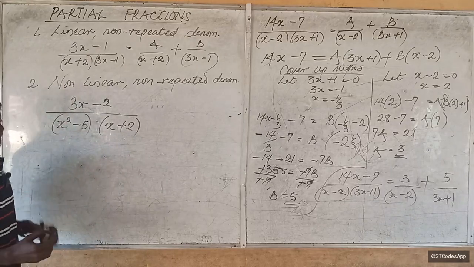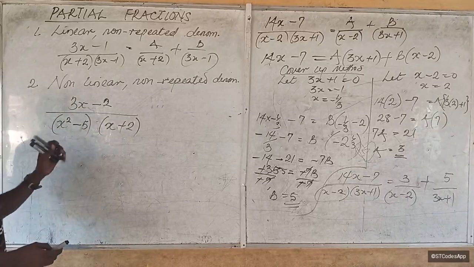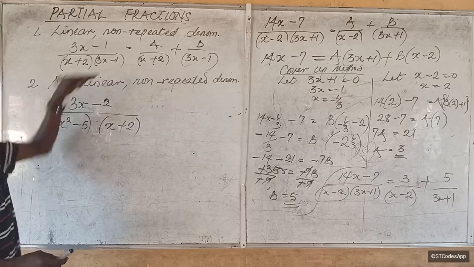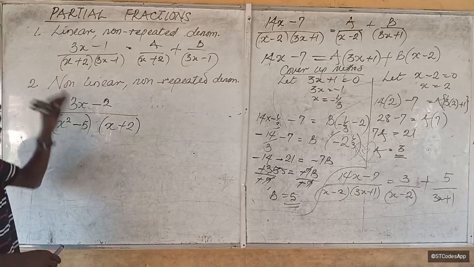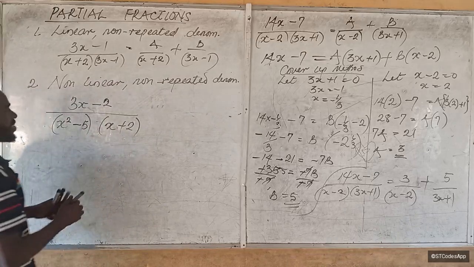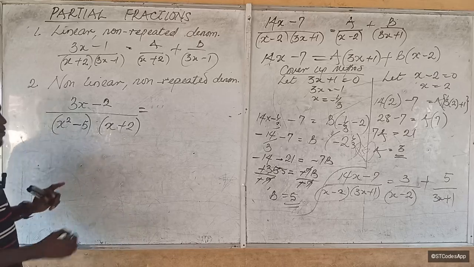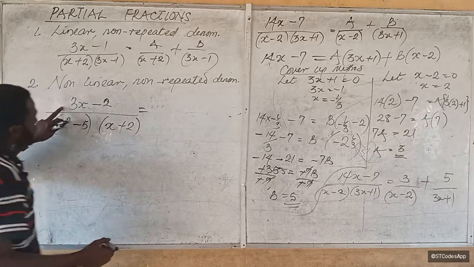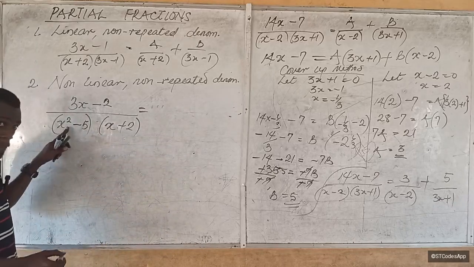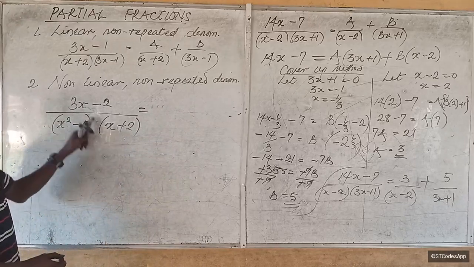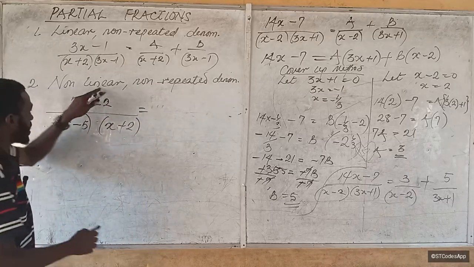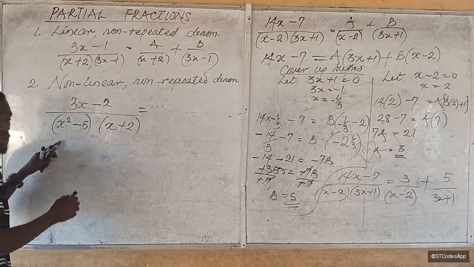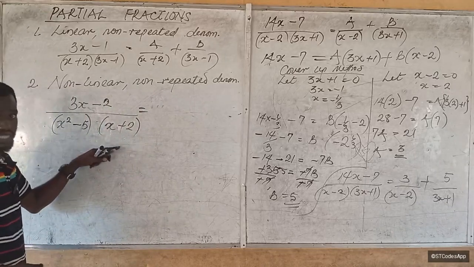When the numerator has a higher degree than the denominator, we call it an improper fraction, and I'm going to show you how we solve it. All right. So this one we express in this form. Now, you see, this guy here is a quadratic denominator, but it is non-repeated. So non-linear denominator, but not repeated.